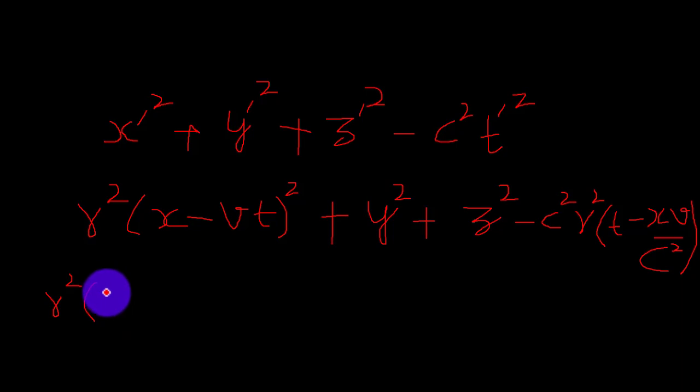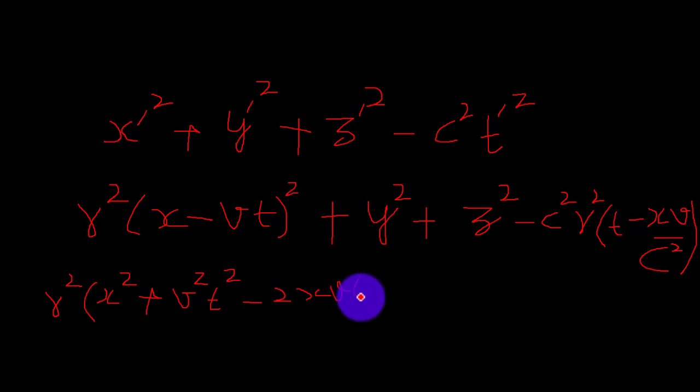Just opening up the square, x square plus v square t square minus 2xvt. I'm just considering the last term, and please take y square plus z square also in addition to it.